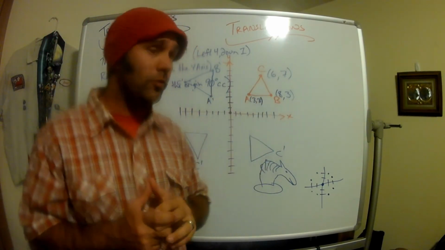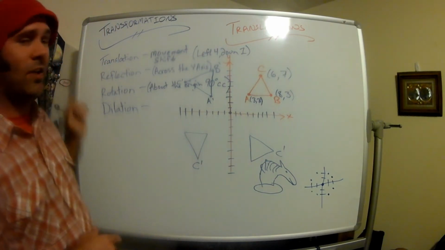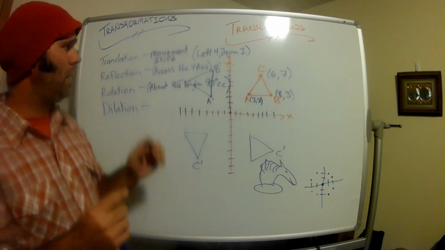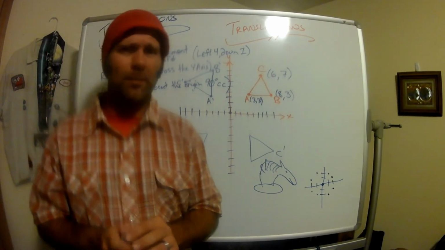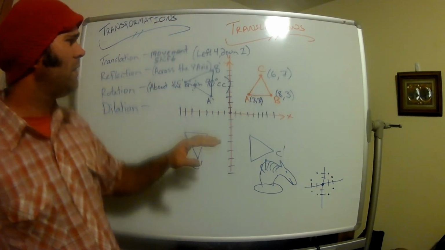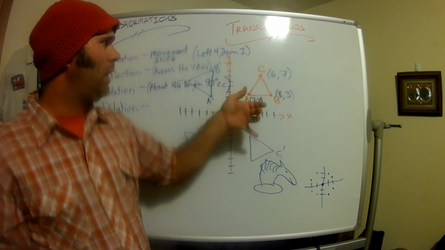And that's interesting. So again, in translations, reflections, and rotations, they are all congruent shapes. They're the same size and the same shape. Different orientation, though, if you think about it.